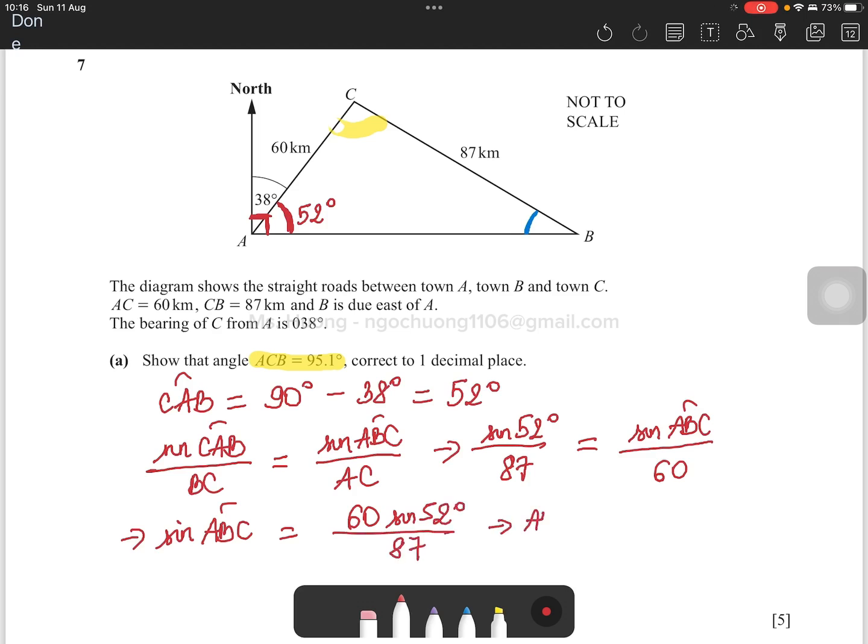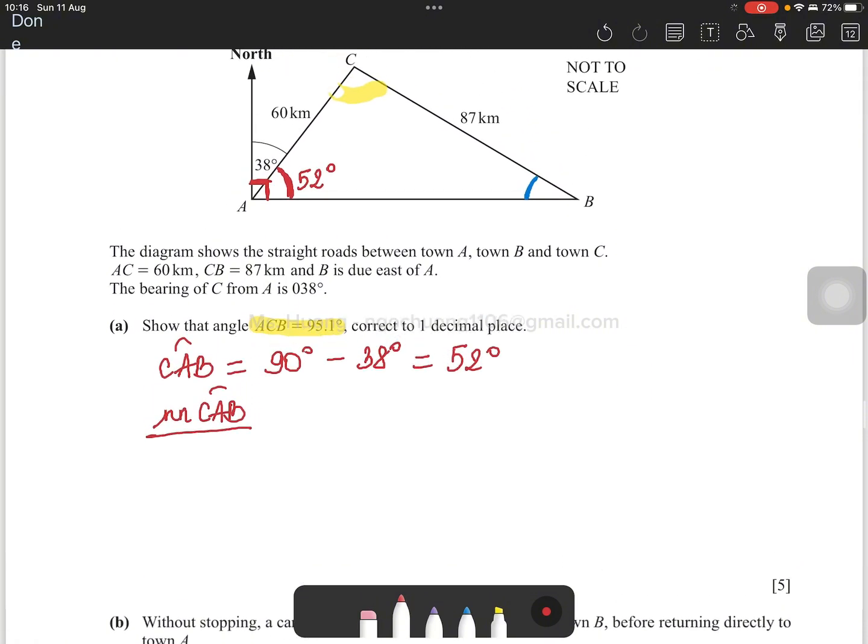Then if you want to find the angle ABC, you use the inverse of sin of 60 sin 52 degrees over 87. And thus the angle ABC is 32.9 degrees.